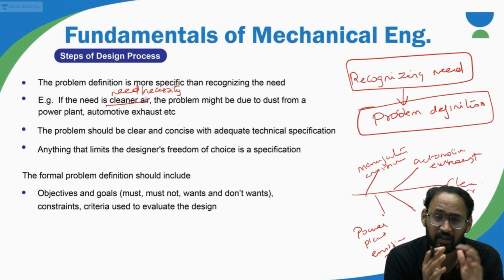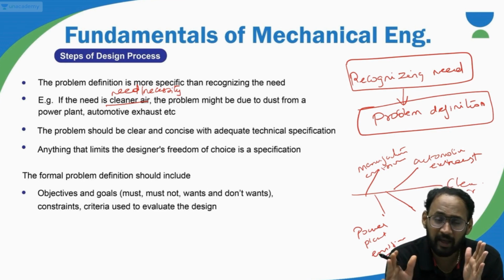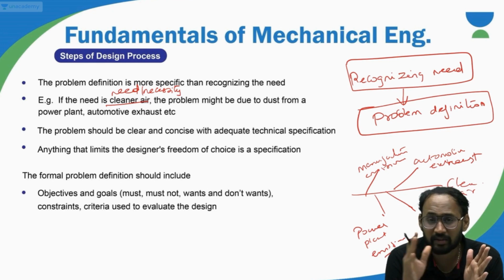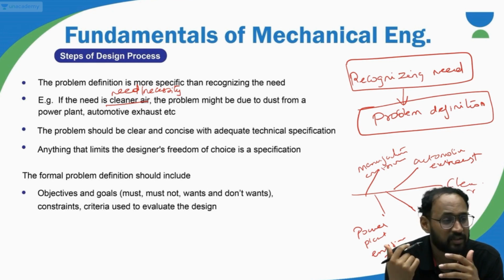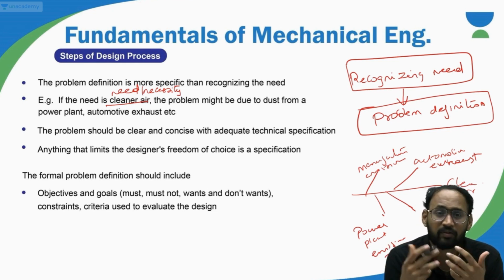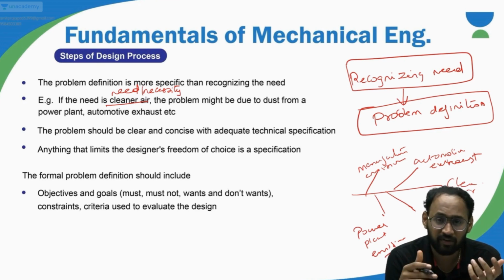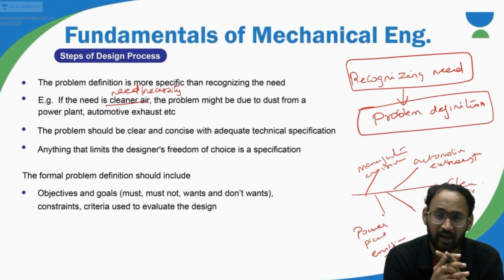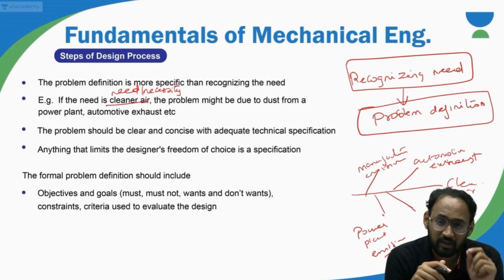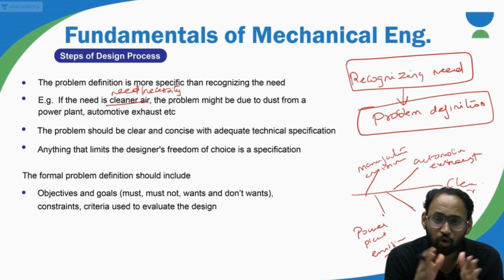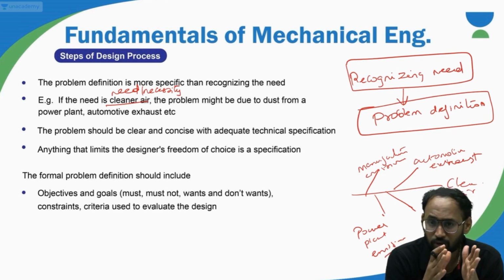There is a need to create a cycle which incurs less power or less effort from the rider, for example. Now this will also have certain specifications, because the designer can't make it so big, and can't make it so small.